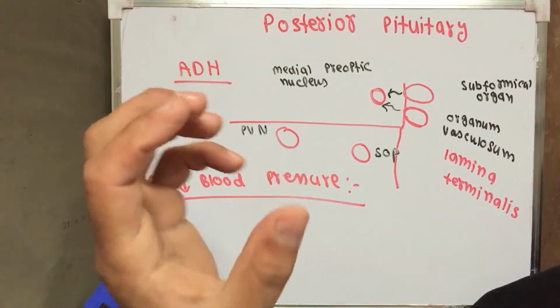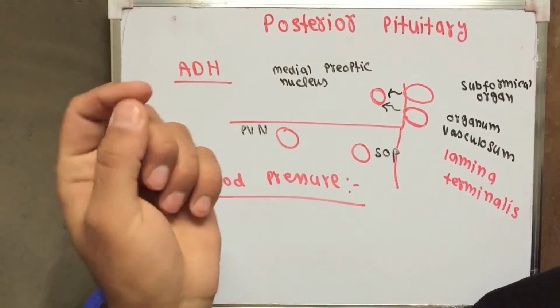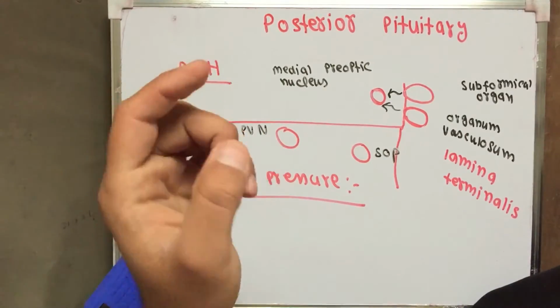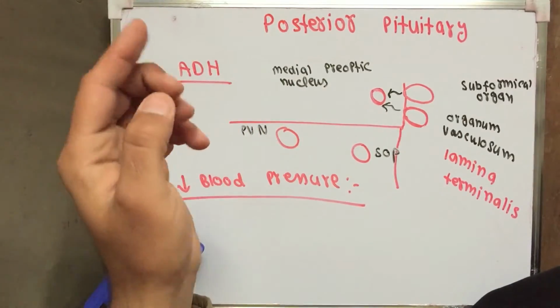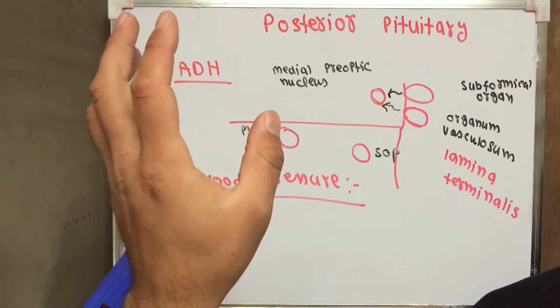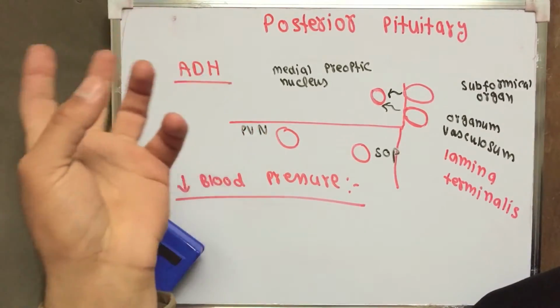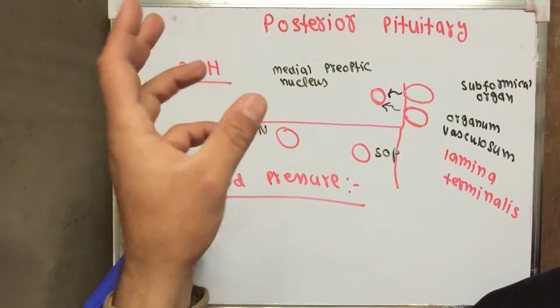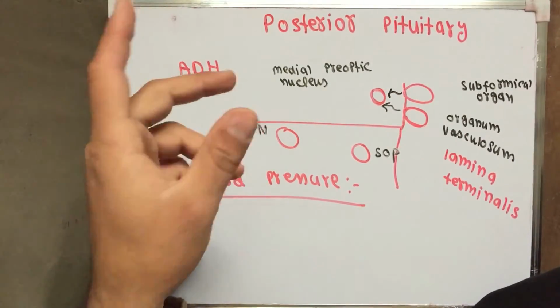Whenever information is sent to the medulla, from the medulla the information goes to the supraoptic and paraventricular nucleus, and when information reaches there, the supraoptic nucleus and paraventricular nucleus are activated.